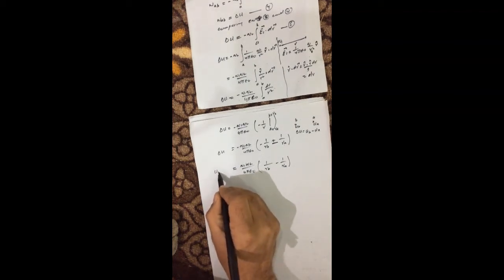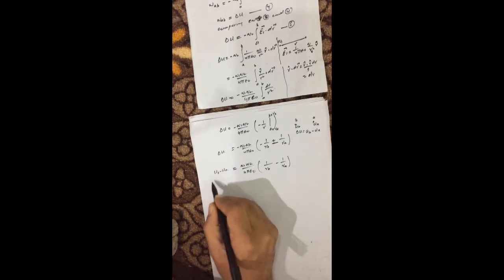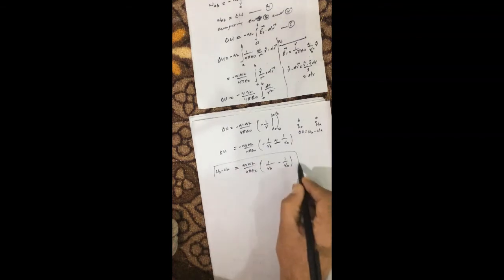We have the final potential minus initial potential, so delta U will be equal to UB minus UA. This is the change in potential energy of a point charge moving from point A to point B.